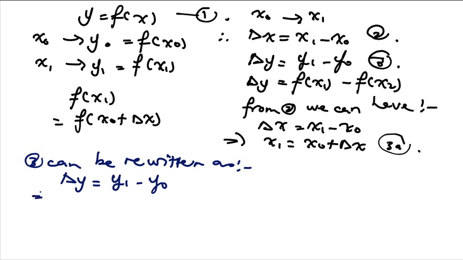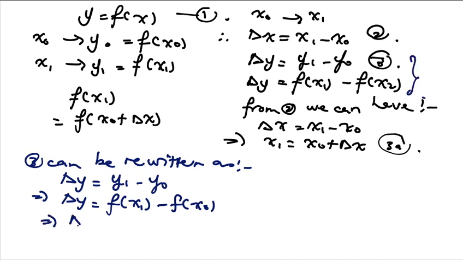And from here we can apply change in y equals f of x1 minus f of x0. This one I have shown you earlier. And from here, change in y equals f of x0 plus change in x minus f of x naught.